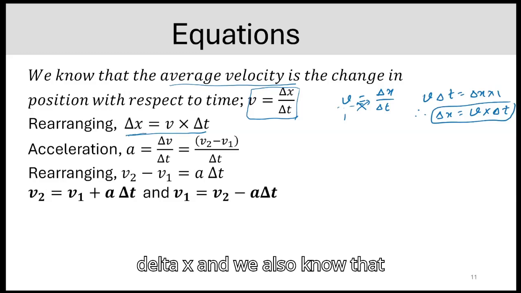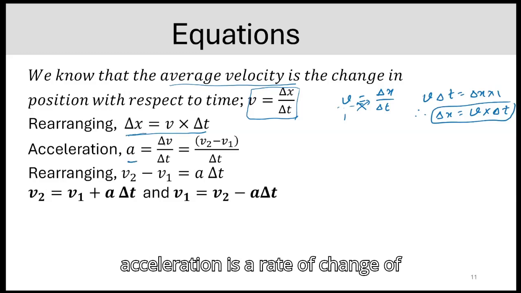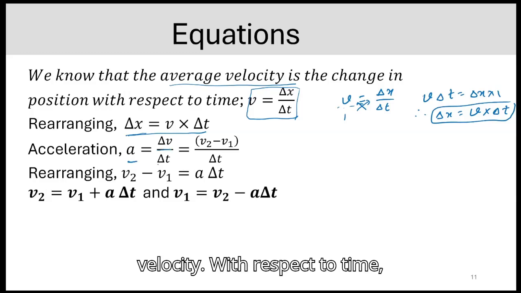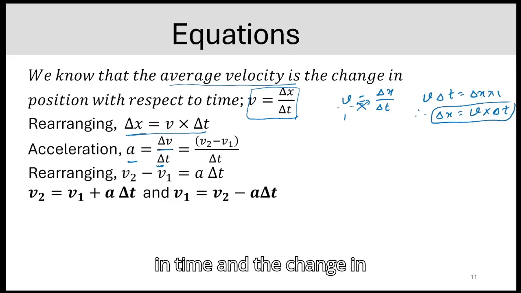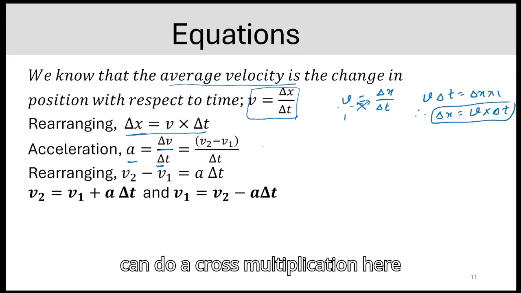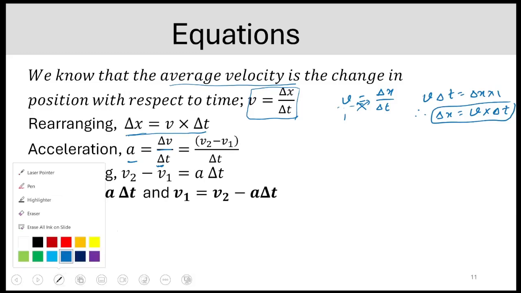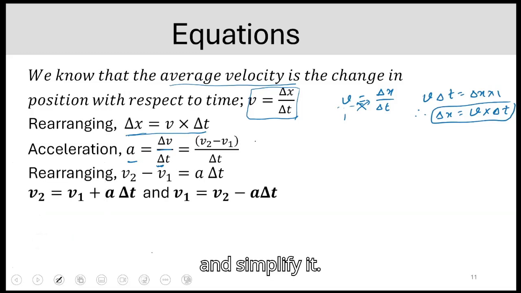And we also know that acceleration is the rate of change of velocity with respect to time. So it is the ratio of change in velocity over change in time, and the change in velocity is v2 minus v1, over delta t. And again we can do a cross multiplication here and simplify it.